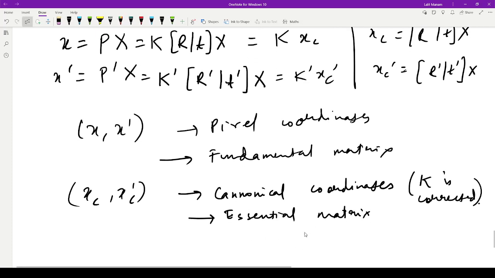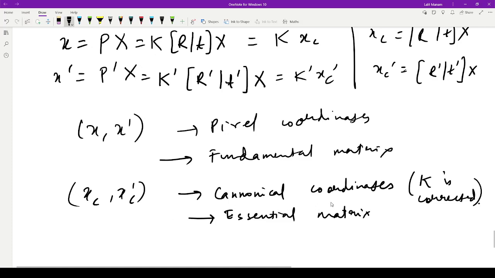Canonical means R will also be identity matrix, right? I'm not talking about a canonical camera. I'm just talking about canonical coordinates in the image plane. I'm not talking about the 3D coordinate space here, just the 2D coordinate space, on the image plane. That's what xc is referred to in the lectures as well.